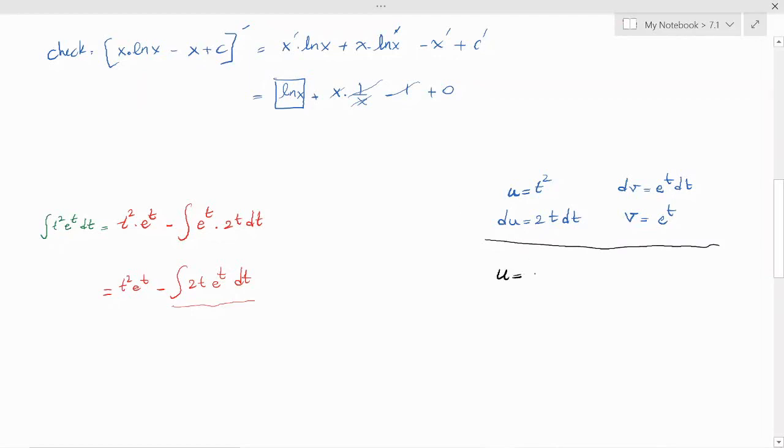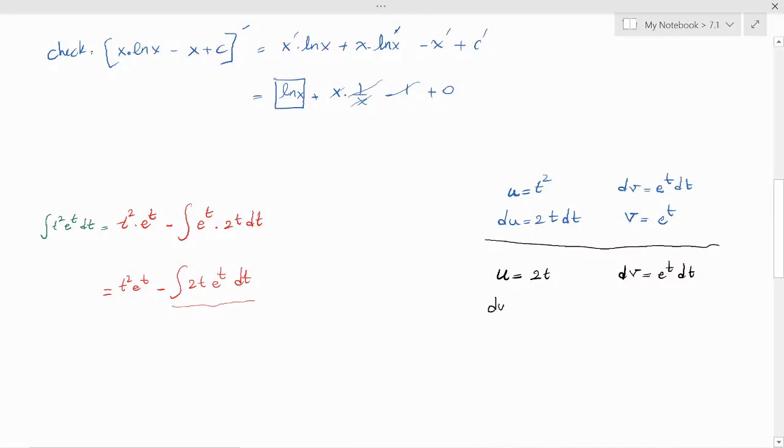I'll pick the new u to be 2t, and I'll pick dv again to be e to the t dt. It's like taking a derivative, taking an integral again. So if you do substitution once and the question simplifies and you need one more substitution, you will do another substitution. The same with integration by parts. If it requires another integration by parts, you will do that again.